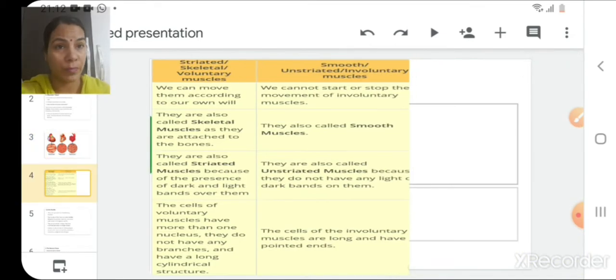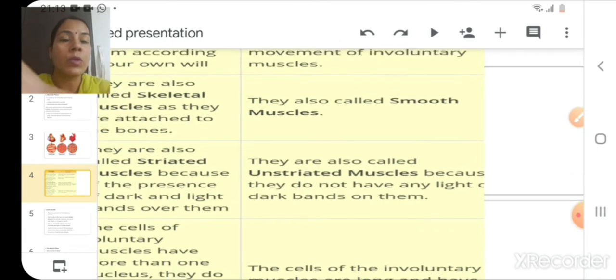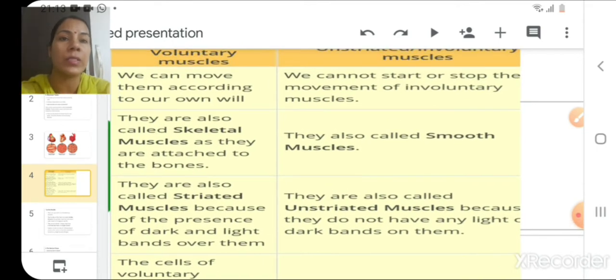Now let us go through the comparison between striated skeletal voluntary muscles and smooth unstriated involuntary muscles. First of all, we will discuss the basic characteristic of voluntary muscle, that is we can move them according to our own desire or will.